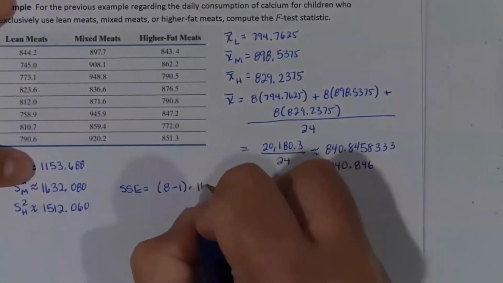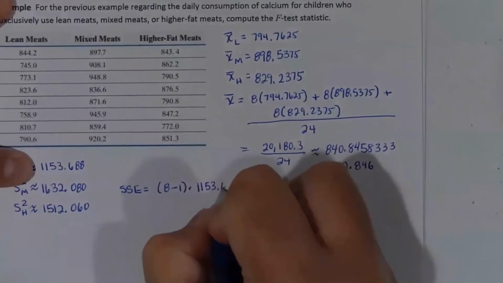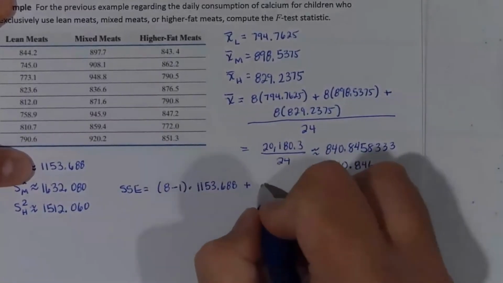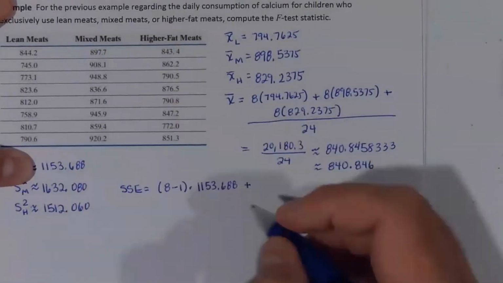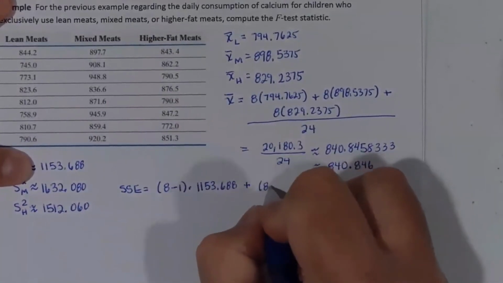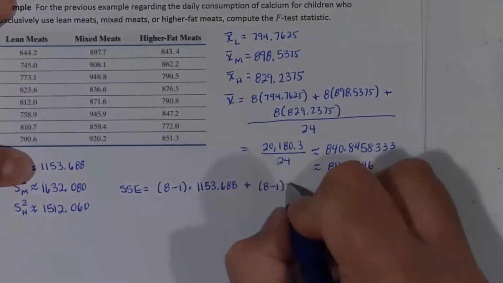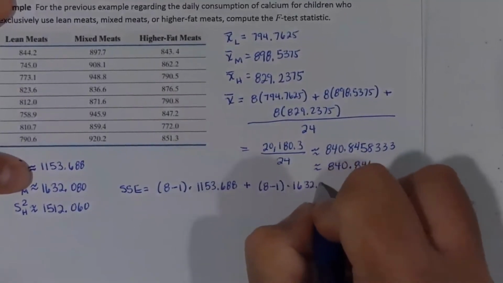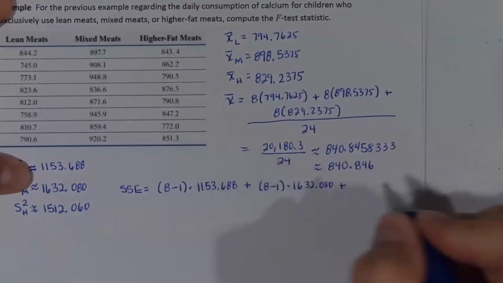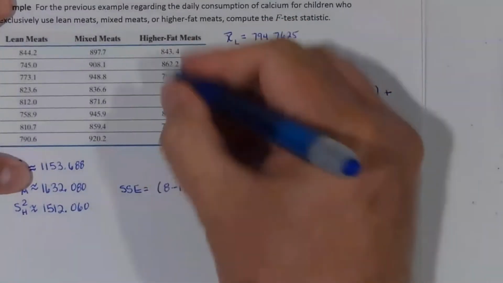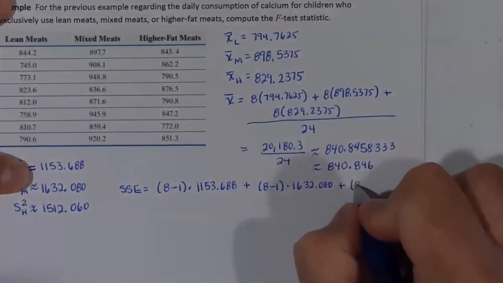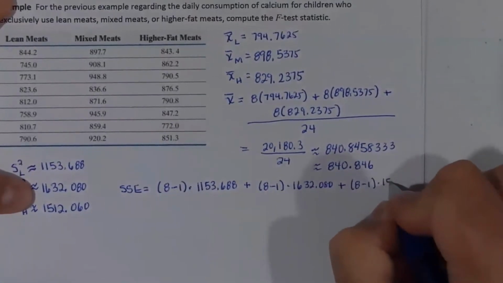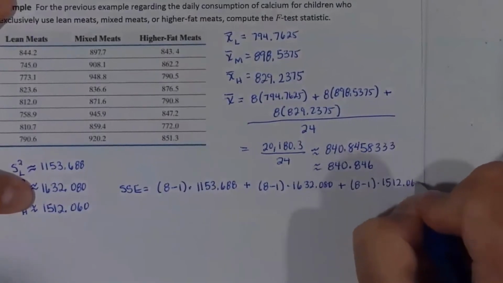So that's going to be 1153.688. And I'm going to do the same thing for the other groups. So the sample size for the mixed meats is 8. So I'm going to take 8 minus 1, or 7, times the variance, which is 1632.080. And I'm going to do the same thing for the third group. So 8 minus 1 times the variance, 1512.060.